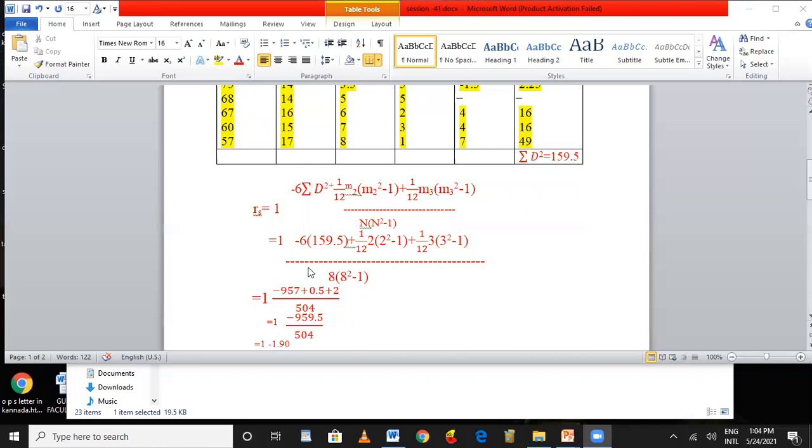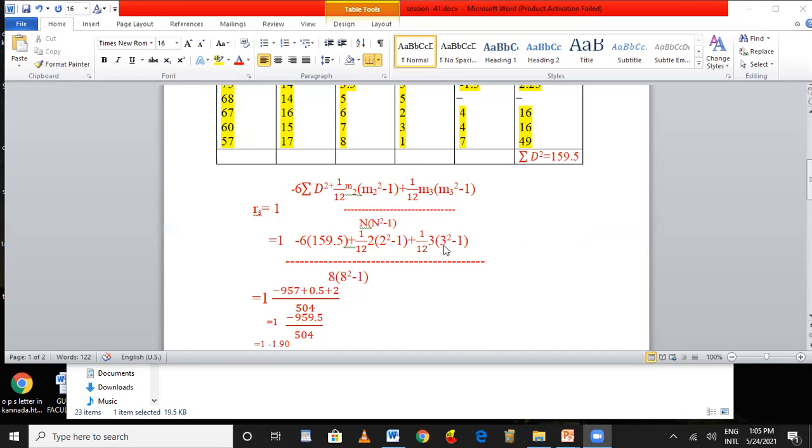How? Simplify: 1 minus, here 6 into 159.5 is 957. Then 1 by 12 into 2 into 2 square minus 1. 2 square is 4, minus 1 is 3. 3 into 2 is 6. 6 divided by 12 is 0.5. When a rank is repeated two times, we get 0.5. When repeated three times, if we simplify, we get 2.